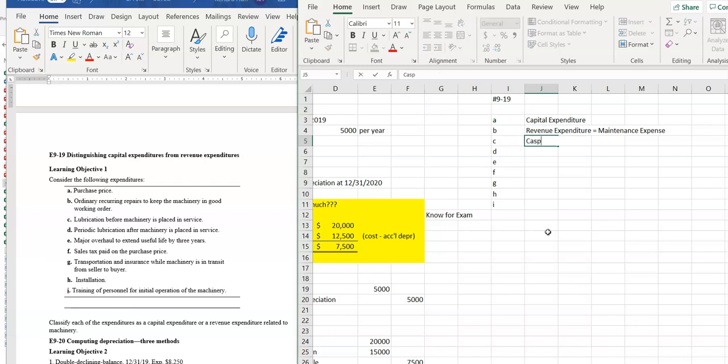That is probably a capital expenditure because it has to be done before you actually place it into service. It's part of installation basically. All right, periodic lubrication after machinery is placed in service. That is a revenue expenditure. That's just to keep it going. Major overhaul to extend useful life by 3 years. That is a capital expenditure because it extended the life.